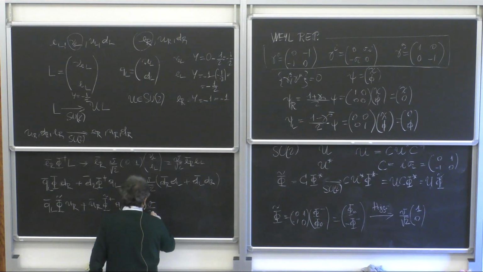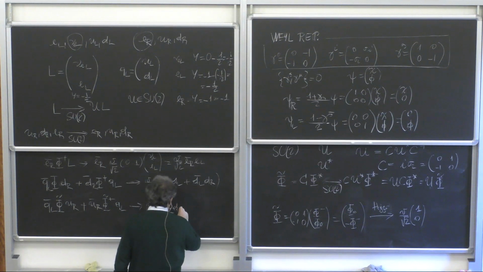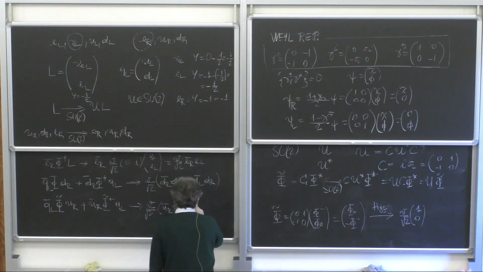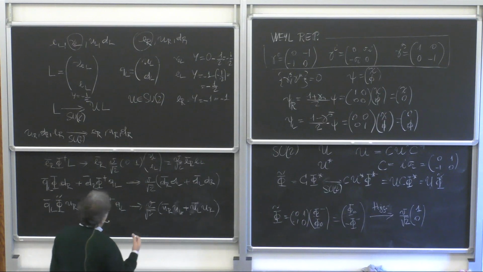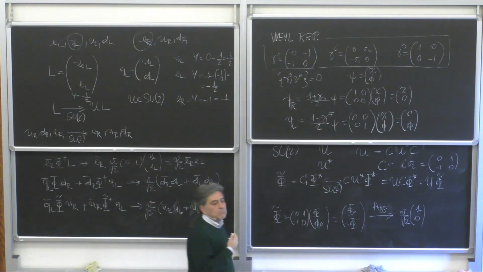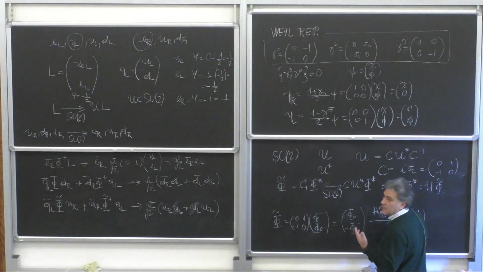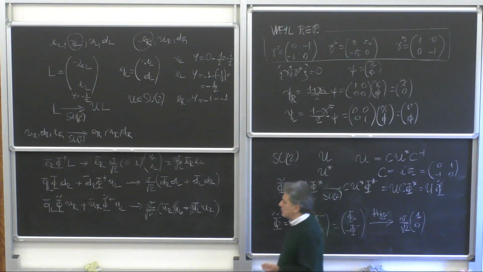So V square root of 2, U bar L UL plus UL bar UR. And this is how, for one generation, the matter fields get masses in the standard model.